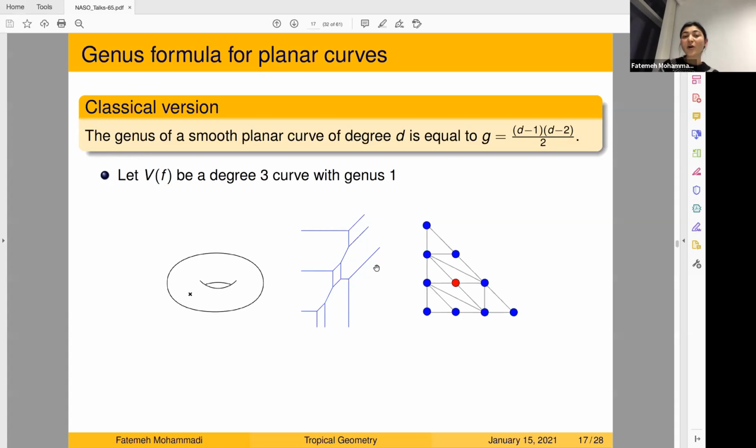And correspondingly, I had a polynomial of degree 3, so I computed the tropicalization by replacing plus with the tropical sum and multiplication with the tropical multiplication, and then I drew the corresponding tropical curve. So I got the one in the middle. And here is the subdivided polytope that we just saw in the previous slide.